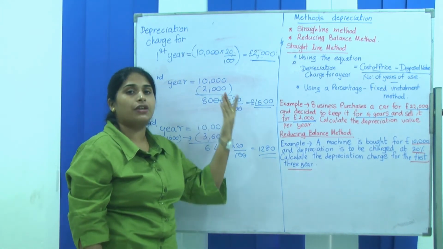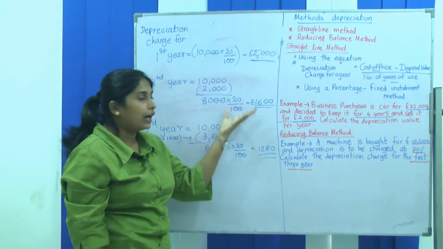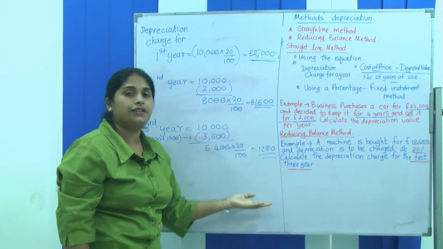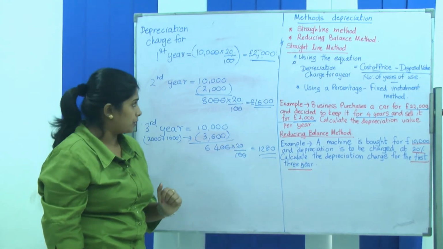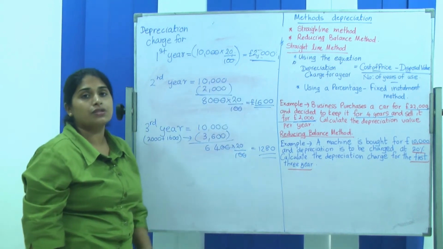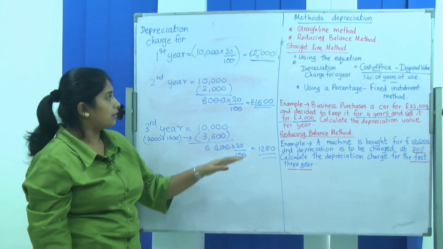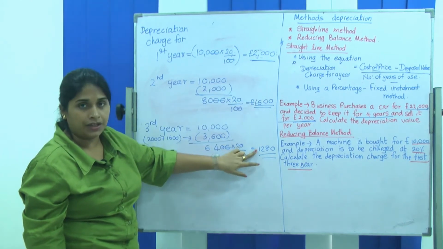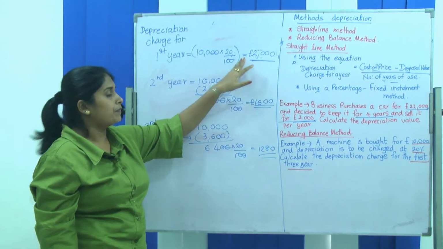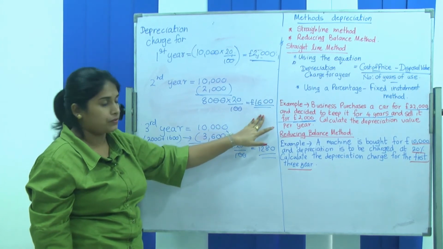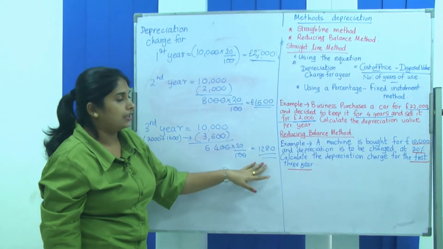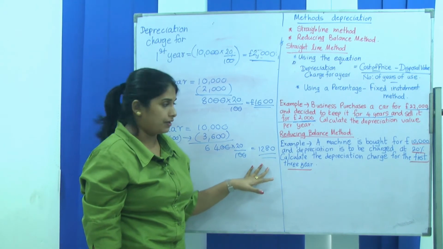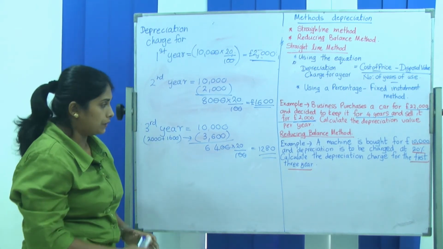But with the straight line method, if one year is 10,000, then all the other years will be 10,000. With reducing balance, it decreases annually: 2,000, then 1,600, then 1,280. I'll explain it once again.